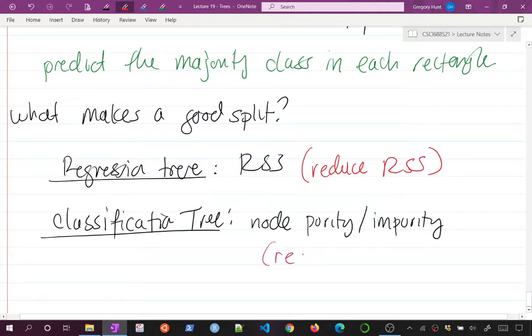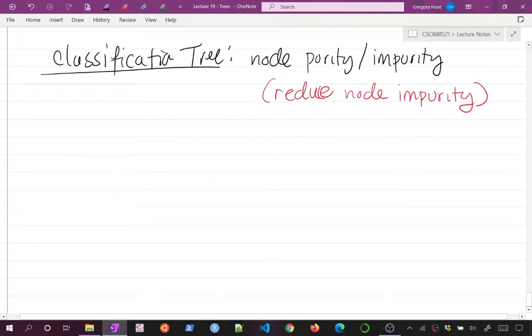We're going to basically play the same game, but instead of RSS, we're going to reduce the node impurity, because we want to have very pure nodes. So either increase node purity or decrease node impurity.